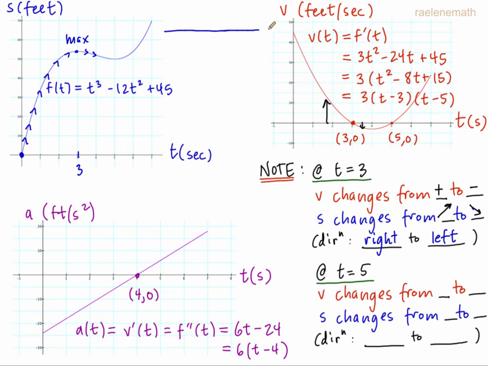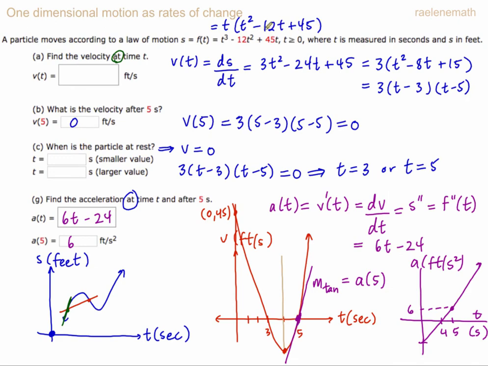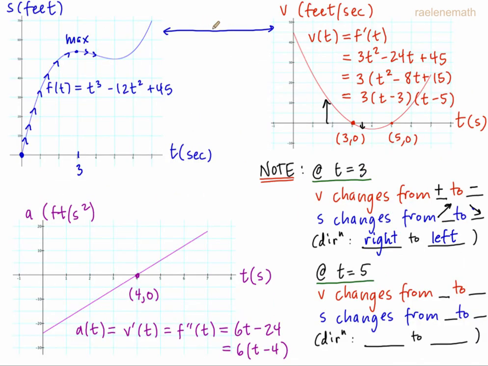If we consider that the particle is moving along a horizontal line, because we're only in one dimension, then we are starting at some initial position, which according to this equation here, at time 0, the initial position is going to be 0. So the particle starts at position 0 and then increases for 3 seconds, meaning goes to the right for 3 seconds. And then at time equal to 5, we see that the velocity is changing from a negative velocity value below the horizontal axis to above the horizontal axis.